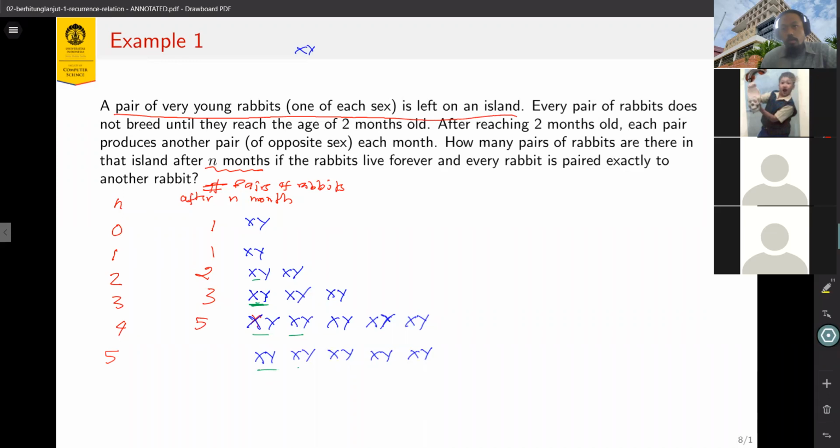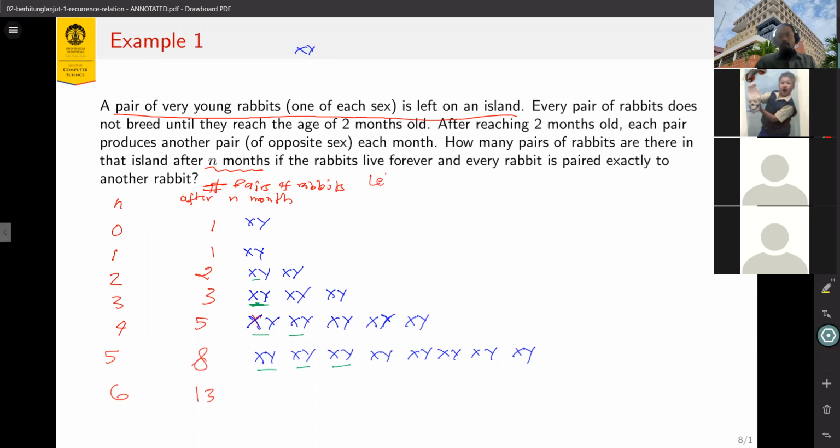This one and this one. So we add 3 more pairs, from which we get 1, 2, 3, 4, 5, 6, 7, 8. Of course, you could guess that after 6 months we have 13 pairs, and so on.